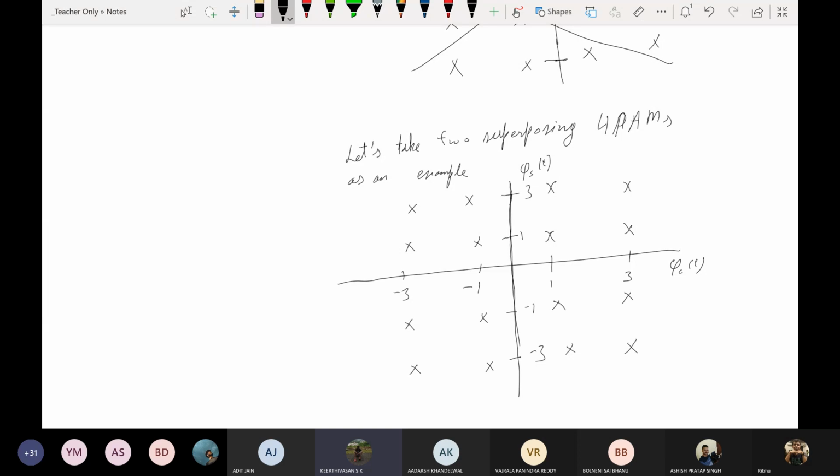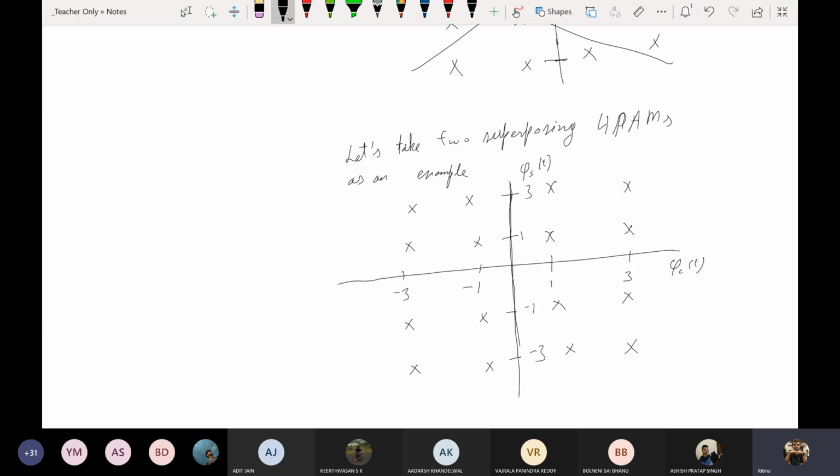So initially we have two PAMs, and if we superimpose them, we get 16 possible values. Yes.